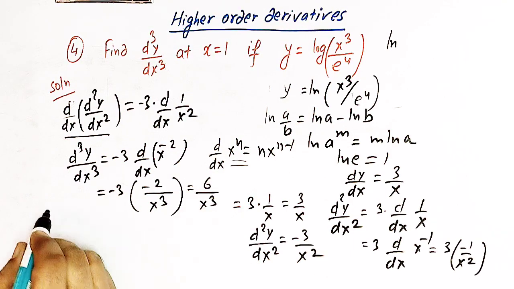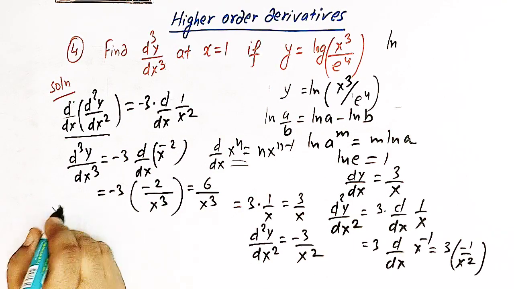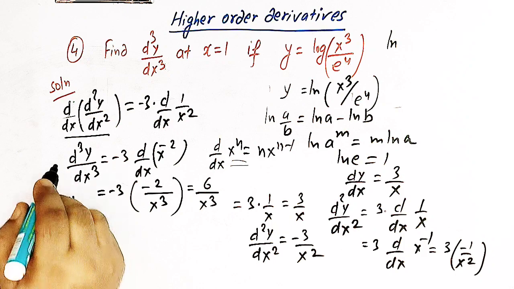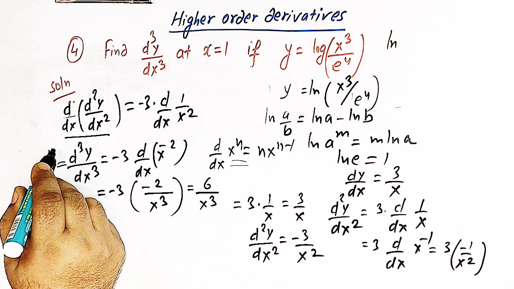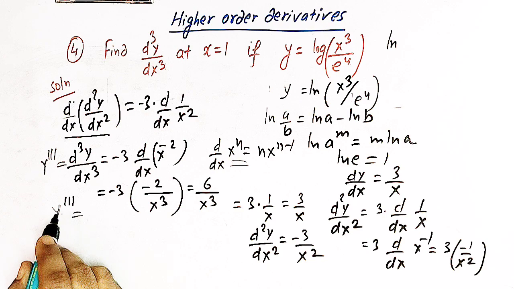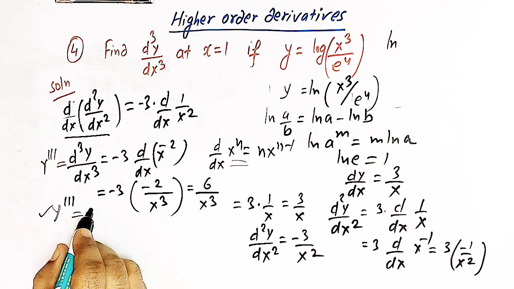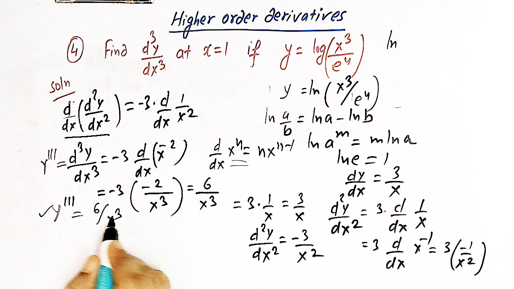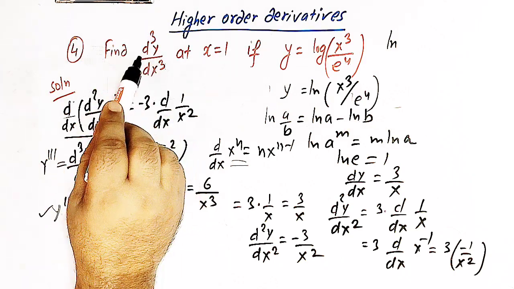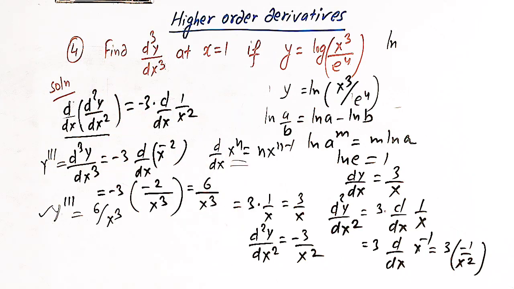So the third derivative is given by y triple prime. This notation for the third derivative may also be used. So we have 6 over x cube. Now we have to find the value of the third derivative at x is equal to 1.